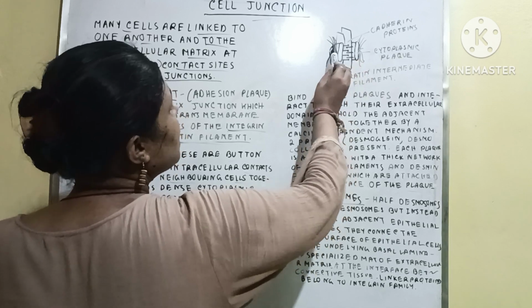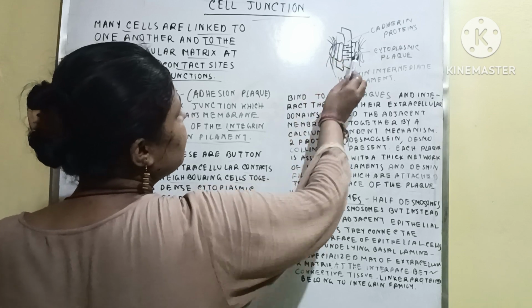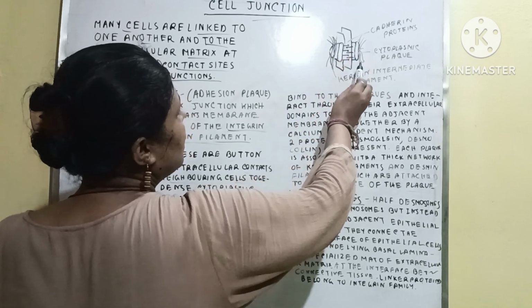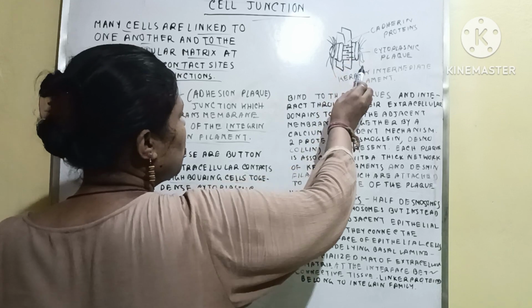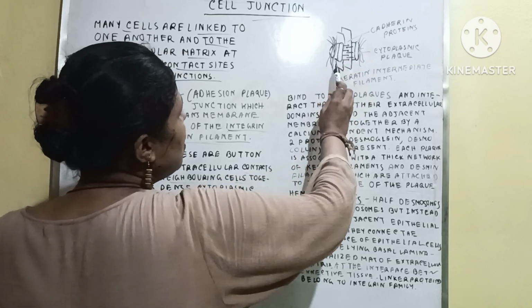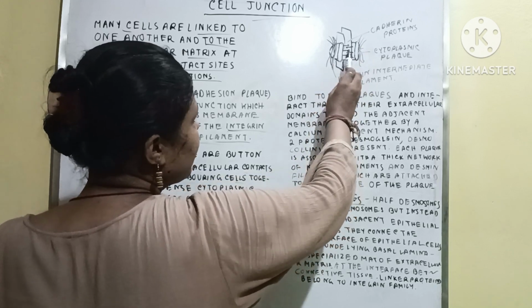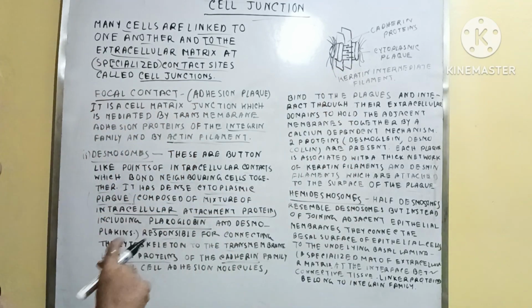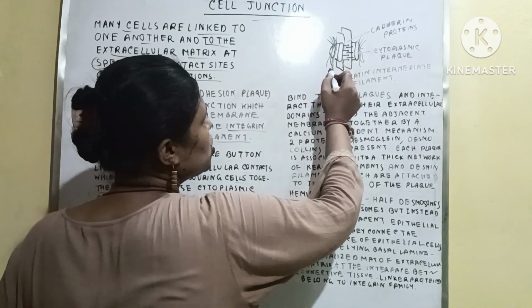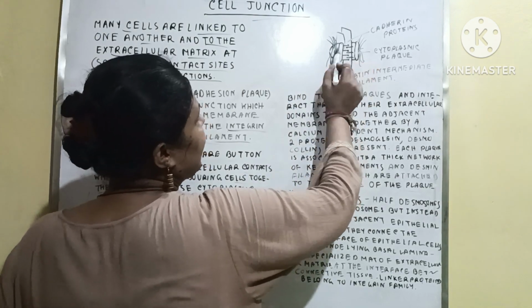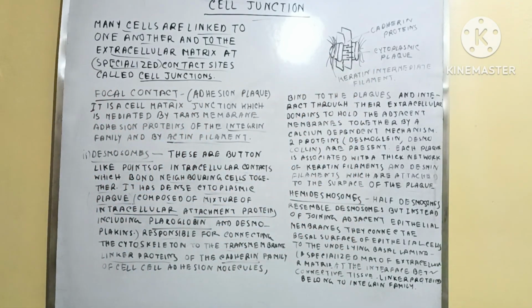And here the keratin intermediate filaments have a practical role in joining the two membranes of the cells. They are totally responsible for the joining of these two cytoplasmic plaques.